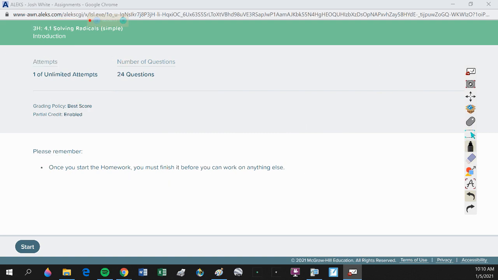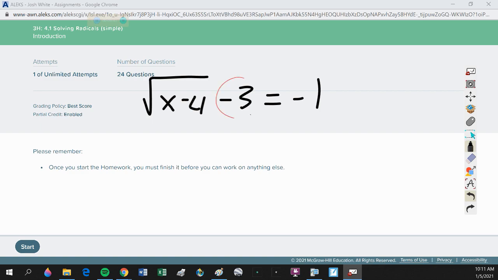Okay. So what about this one? Does that one have a solution? It equals a negative. So what do I need to do to figure out if this has a solution or not? I need to move this.